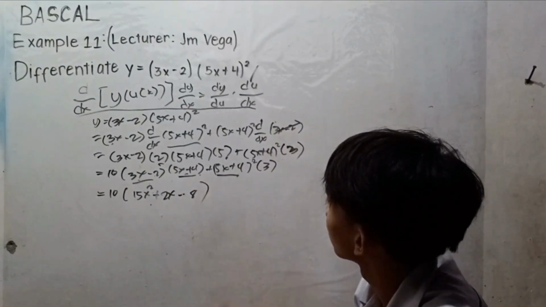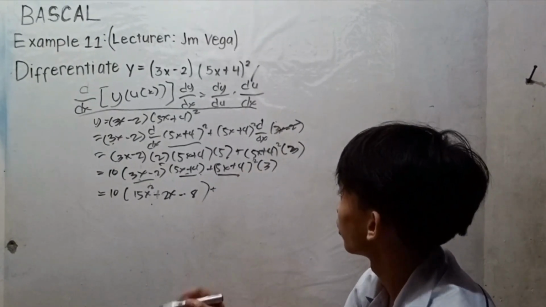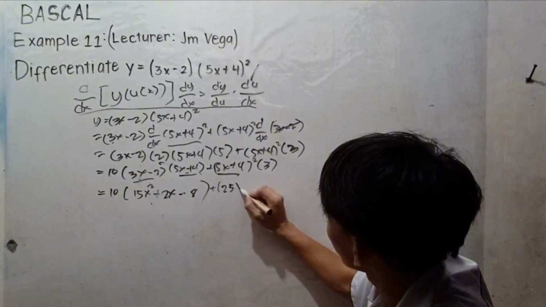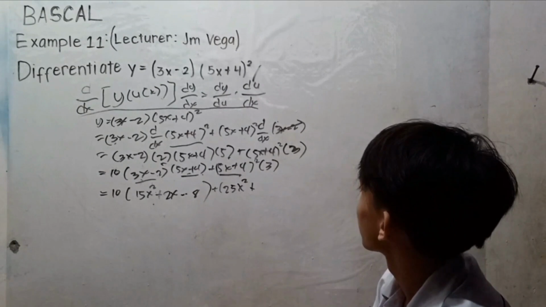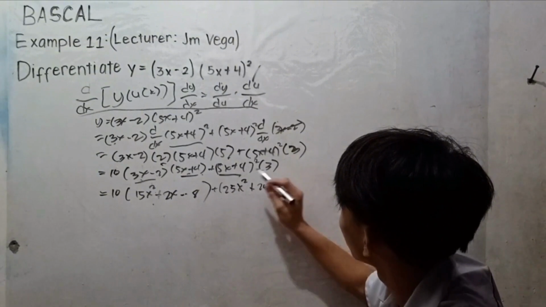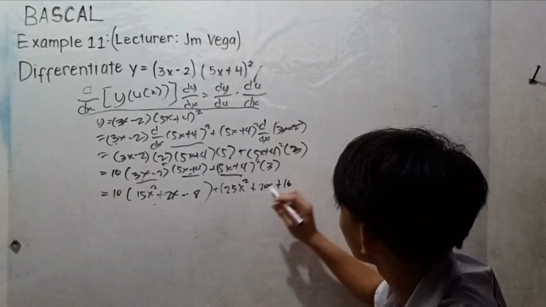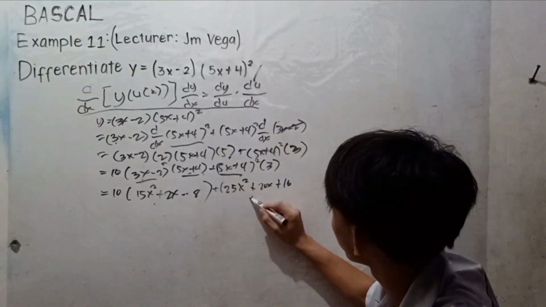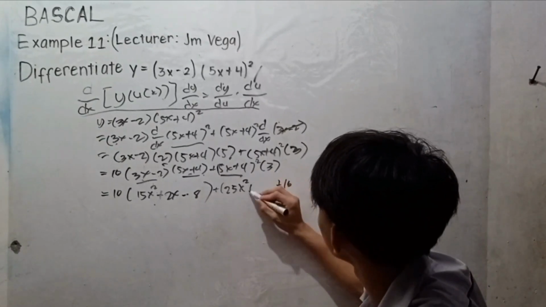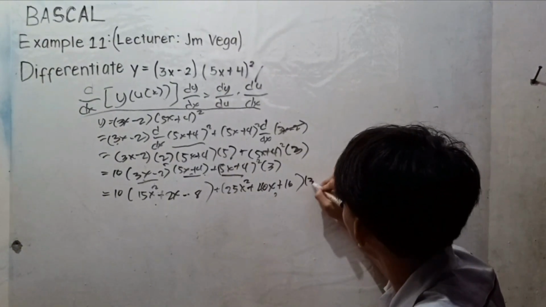And after that, (5x plus 4) squared: 5x squared is 25x squared, plus 5 times 4 is 20x, and 20x again, that is 40x, plus 16, multiplied by 3.